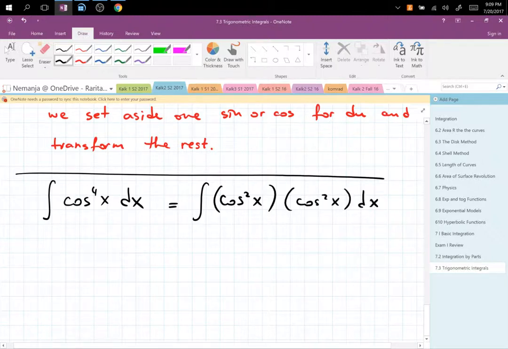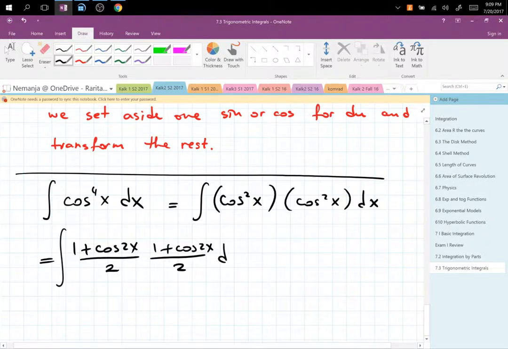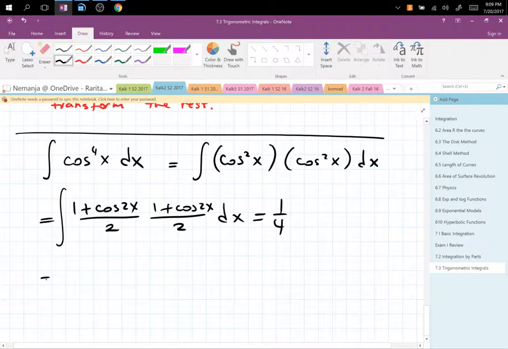So you hit both of these with the power reducing. Kick 1/4 out. And then FOIL.